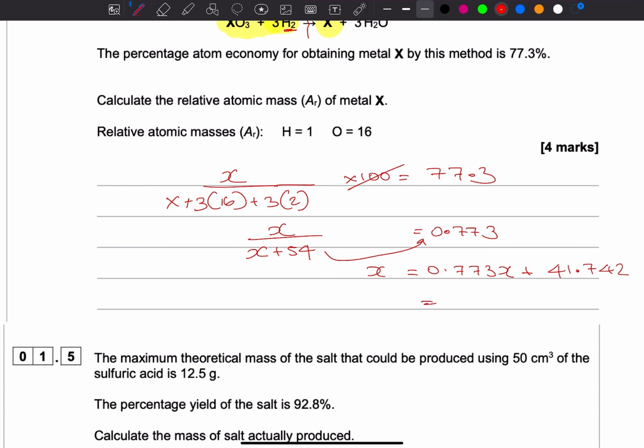Take away, bring in on the other one, X take away the 0.773x, so 1 take away 0.773, which gives you 0.227.